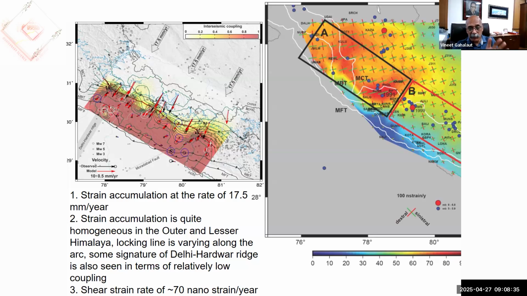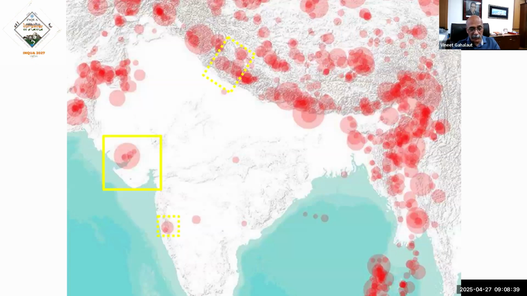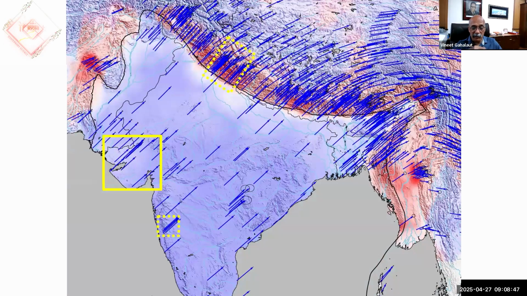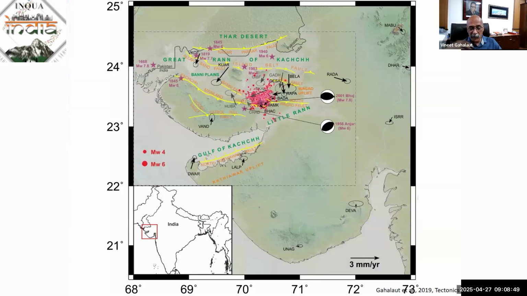Now this is from a plate-bound region, the Himalayan region. Let me go to the next one, which is a failed rift region, a paleo rift region, the Kachchh region here. There's a beautiful network here by an institute called ISR, Institute of Seismological Research, which is based in Gandhinagar.